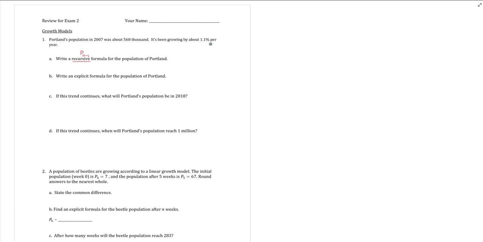Your key on this problem is you were given a growth rate of 1.1%. If it's ever a percent, then that means we're going to use an exponential model. So I'm going to go to the back of my formulas and look for the exponential recursive formula.